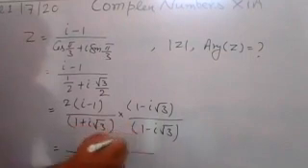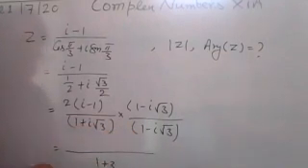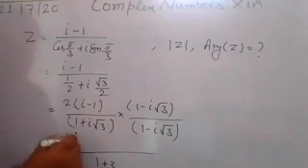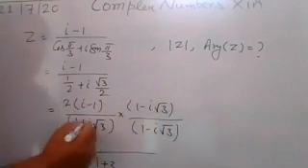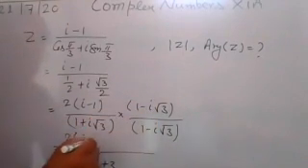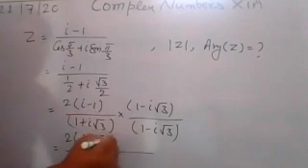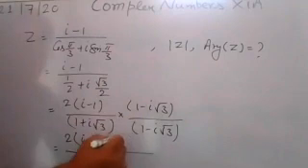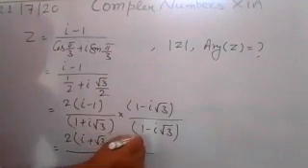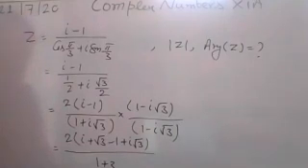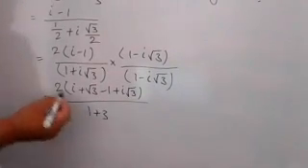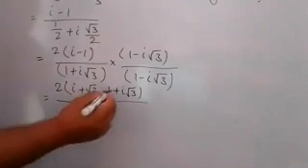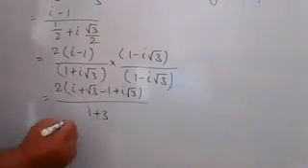So in the denominator you have 1 plus 3, and here you have 2 times, i into i is minus 1, so here you have plus root 3, and here you have minus 1, and on this side you have plus i root 3. Okay. Now here you have 4, so this 2 is cancelled, and you write it in standard form.